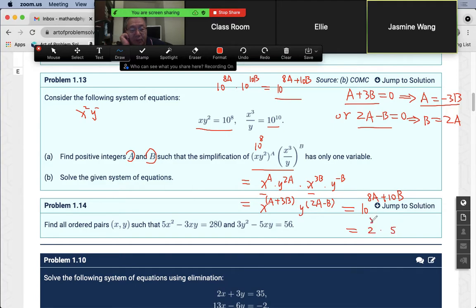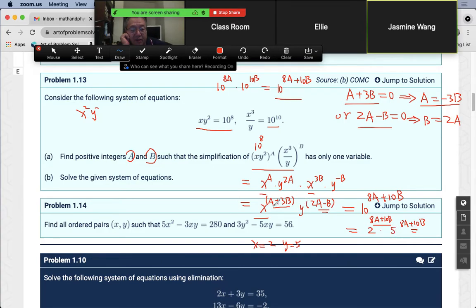So 2 power will still be here, 8a plus 10b. 5 also has 8a plus 10b, right? So you can see this, x either equals 2, y equals 5. Now let's compare this one equals this, and this one equals this.